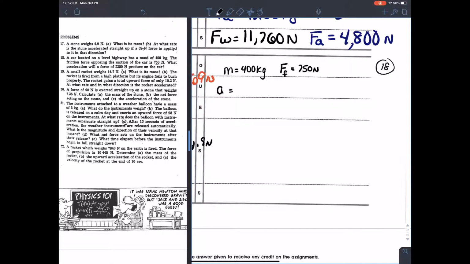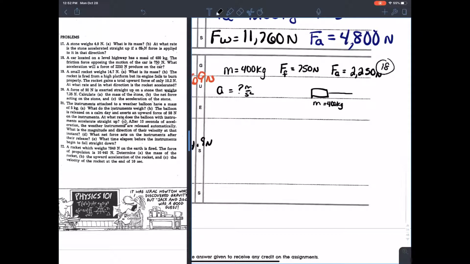What will the acceleration be if the car has a force that it can produce, so I'm going to put applied force of 2,250 newtons. All right, so if we imagine this, here's our car, and this thing has a mass of 400 kilograms.